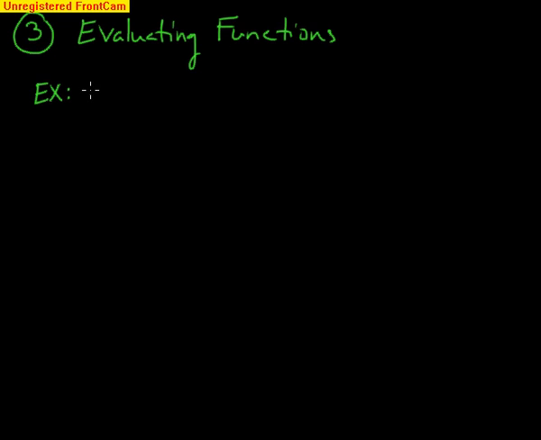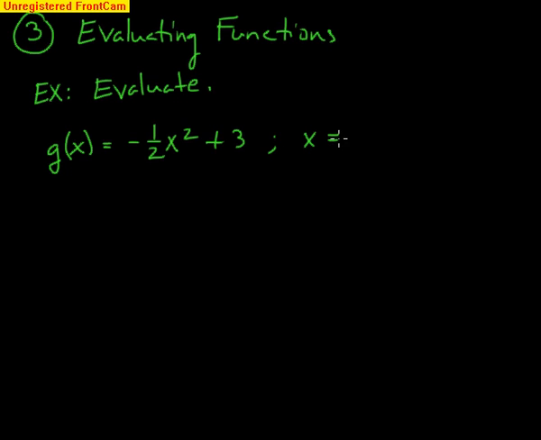So in the example, it's going to say evaluate. And here is the function we will be evaluating. G of x equals negative 1 half x squared plus 3. And the x value we're looking at is negative 2. X equals negative 2.